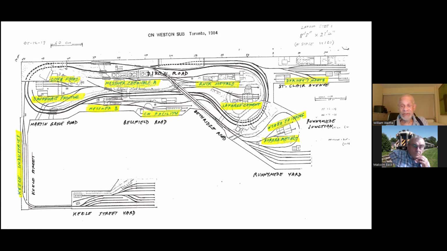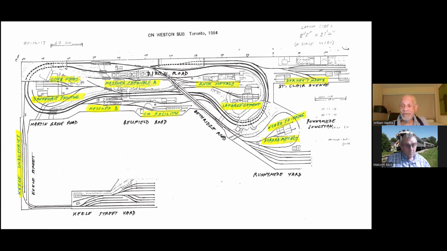And over the years, I've learned a lot more about how things go in the rail world, in urban modeling, urban railroading, I should say. So, although we got in nine of the industries that were on the Western Sub onto the track, and the system worked very well. We had a good 14 years or more of having operating sessions.